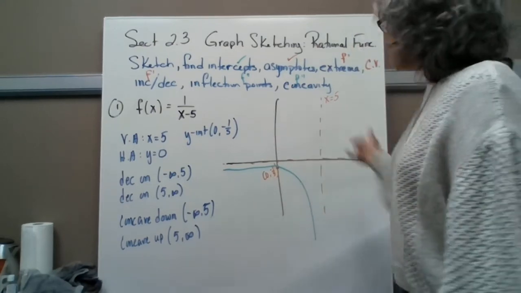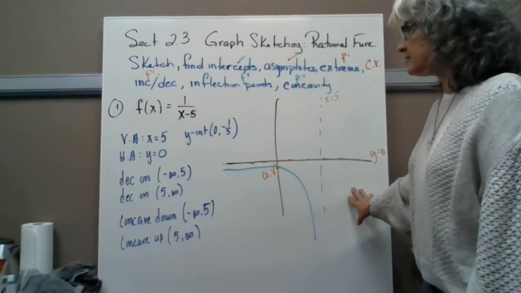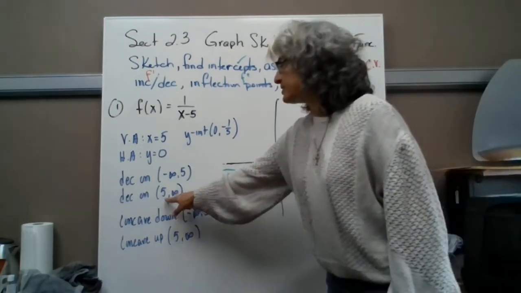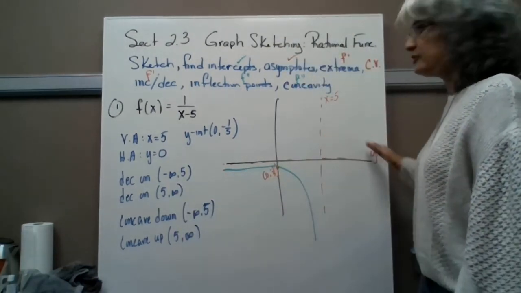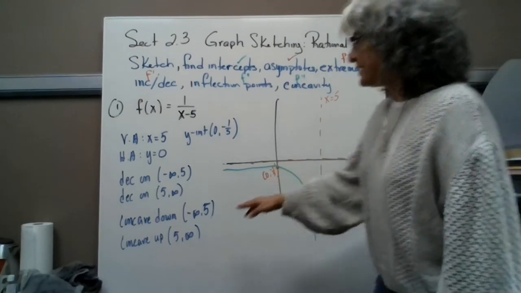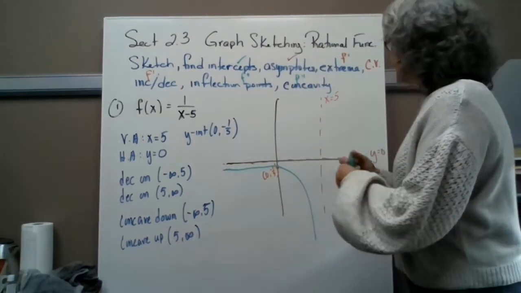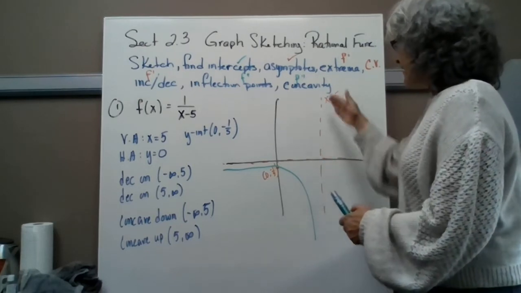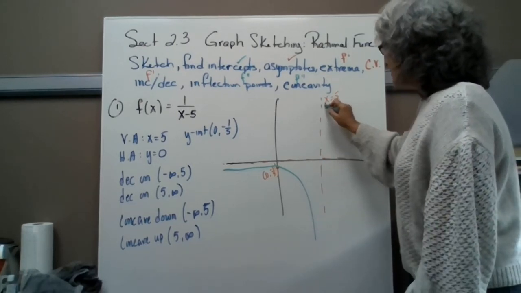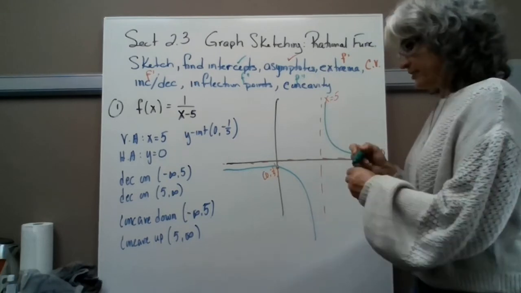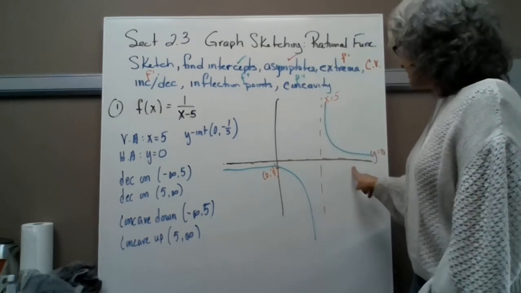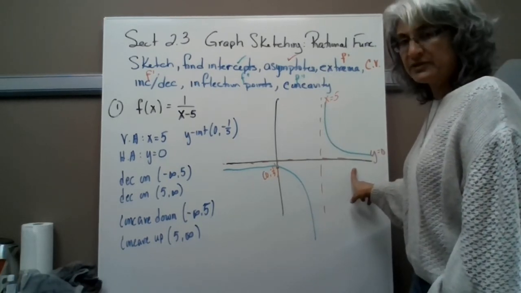Now, on the other side of the world, so to speak, we still have it decreasing on 5 to infinity, so it's still decreasing, but it's concaving up. So, since it concaves up and it's decreasing, then it is doing this number. And some of you may be asking, well, why doesn't it go below the horizontal asymptote?